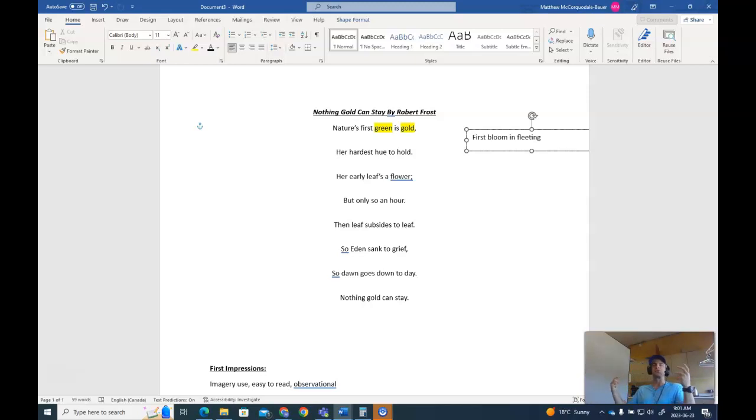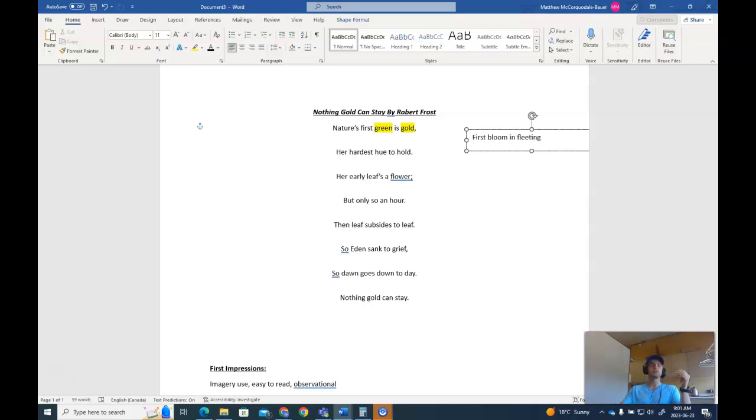It's a super common theme that we don't really have to look into much. As soon as we see this idea of leaf subsiding to leaf, we know there's a very common reference to the cycle of life: there's life, then death, then life, this constant cycle, that will later be more reinforced.